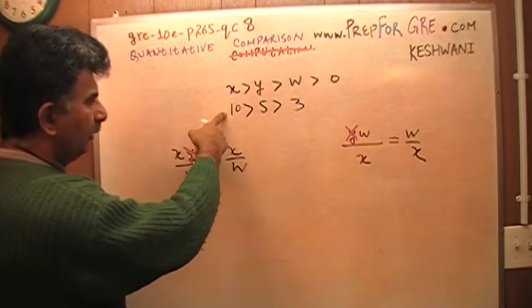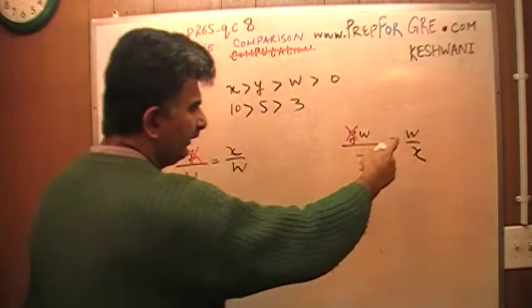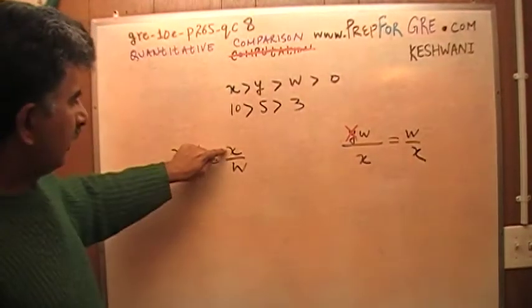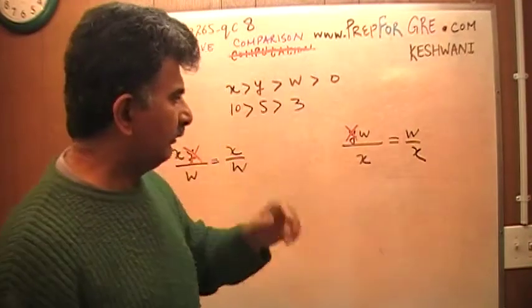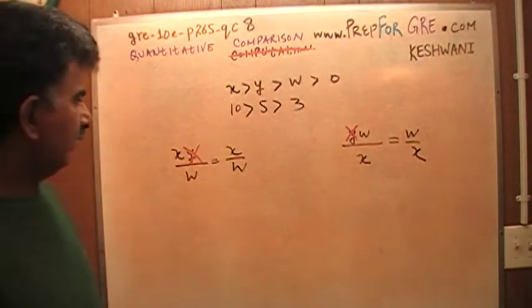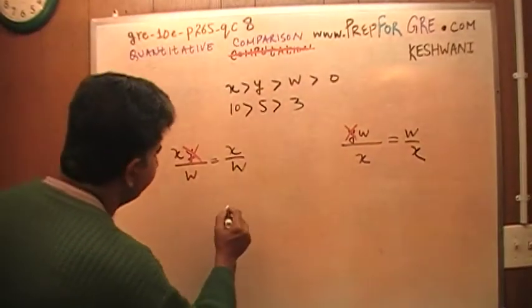Since x is more than w, this fraction is going to be more than this one, because here the numerator is bigger than the denominator, and here the denominator is bigger than the numerator. That's all it is. The answer is A.